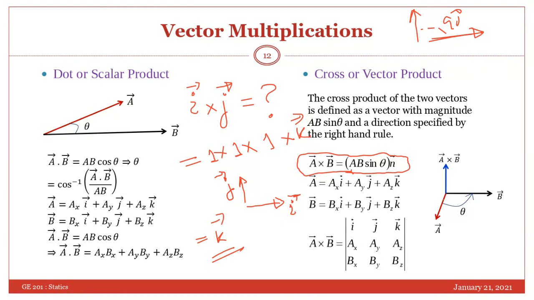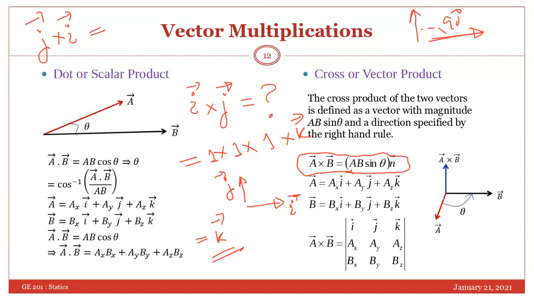Doctor, why do we turn our hand from i to j, not j to i? Because you are finding i cross j. If you find j cross i, this is j as the y direction, and this is the x direction. So I am turning my fingers from j to i, and the direction of the thumb will be away from my face.